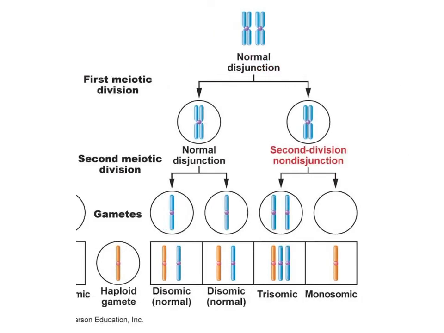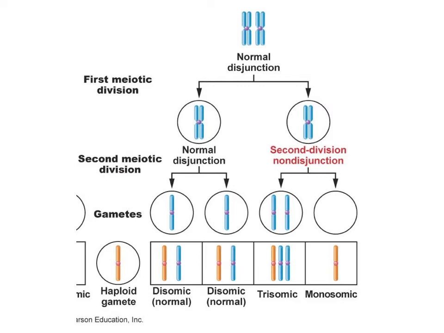If disjunction, on the other hand, is normal in meiosis 1, as you see here, but there's a non-disjunction event in meiosis 2, okay, in that this replicated chromosome does not get pulled apart. Both halves of this replicated chromosome go to the left, none go to the right.